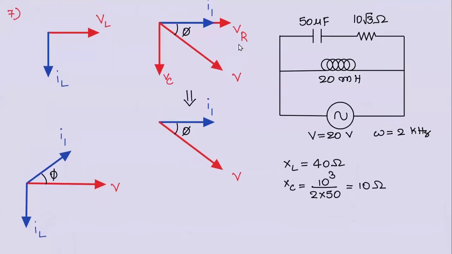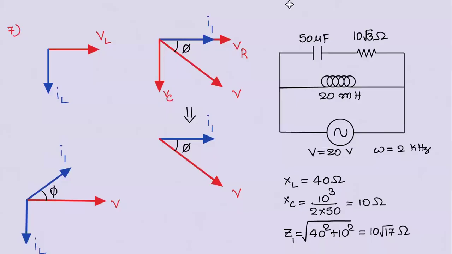Now, these two are in series. In case of series, what to do? Total impedance Z, let us call it Z1, is equal to square root of 40 square plus 10 square, right? 10 root 17.